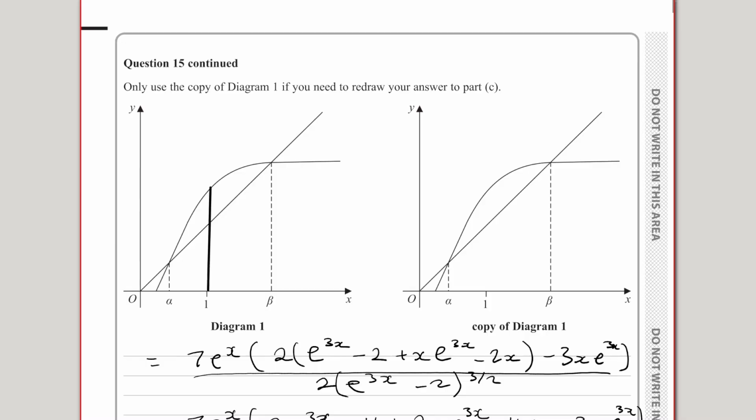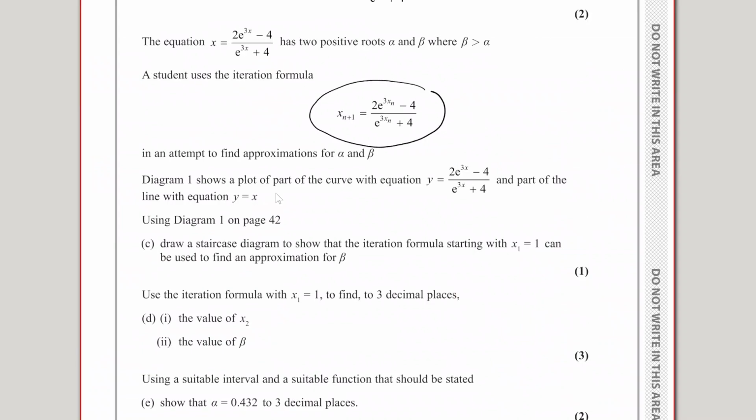And then we get that answer out. Put it back in. Get that answer out. Put it back in. Get that answer out. Put it back in. And so on. So it gets closer and closer to beta, which is what we wanted, to find an approximation for beta.